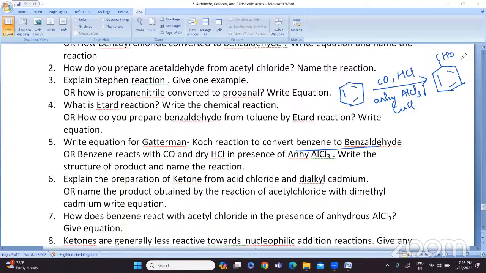Which reagents are we making use of? Carbon monoxide in the presence of hydrochloric acid, and anhydrous AlCl3 or cuprous chloride. By using these reagents, we are converting benzene to benzaldehyde.